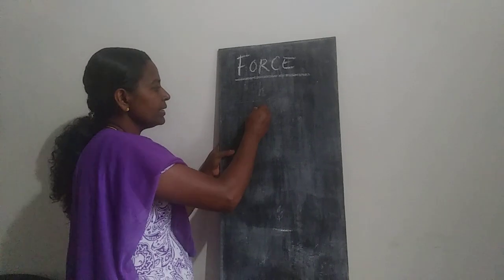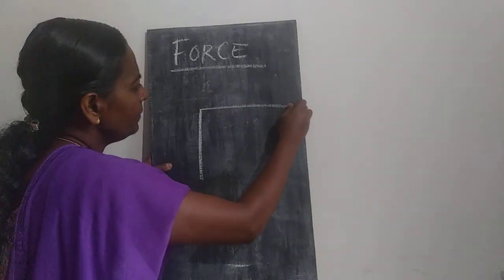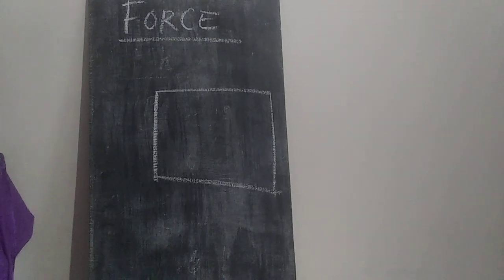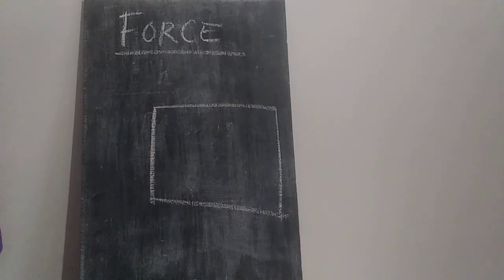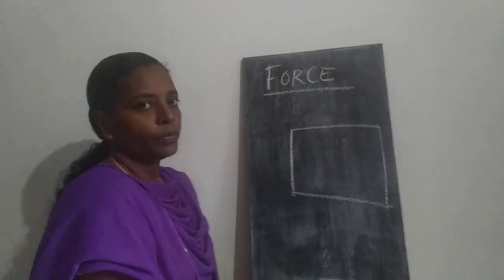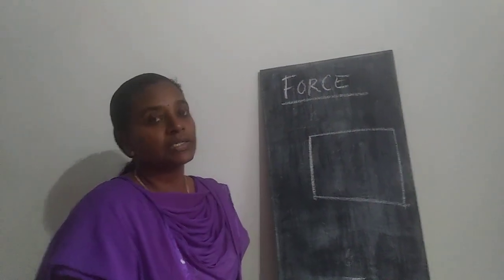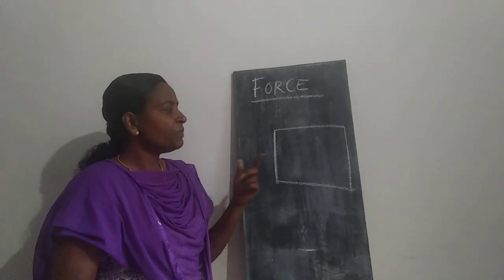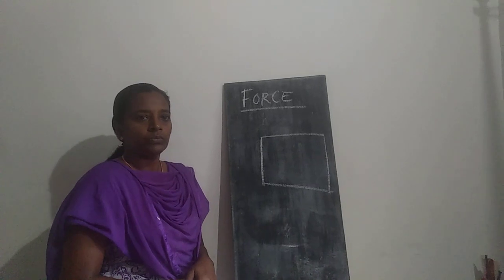Here is a big box, and suppose this is a very heavy box, placed at a particular position. The box is at rest now, and with the application of force I can make this box move.